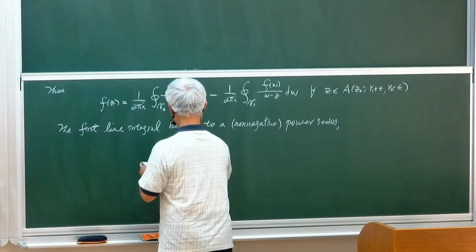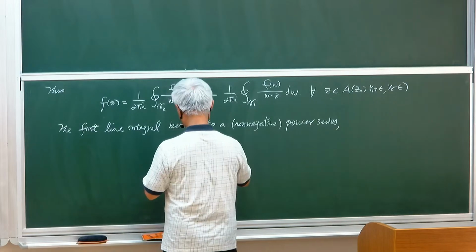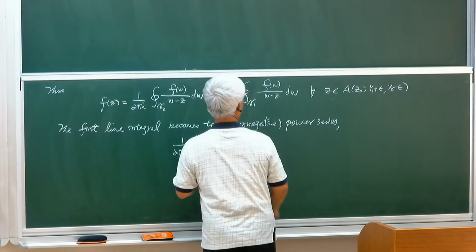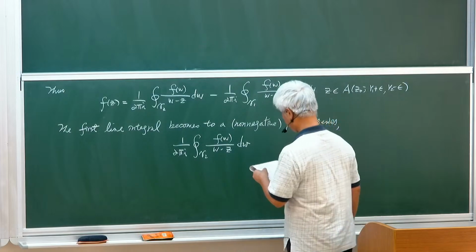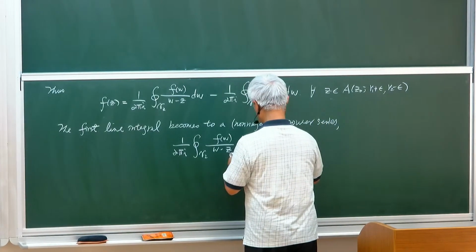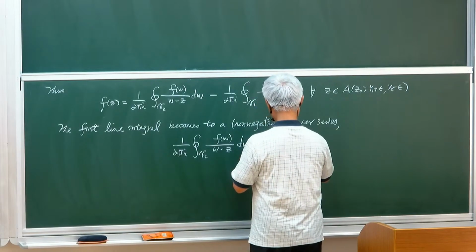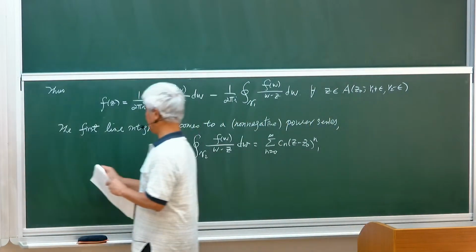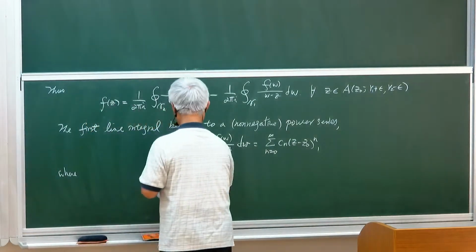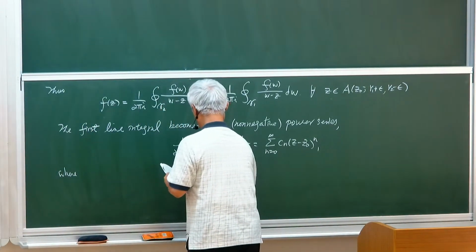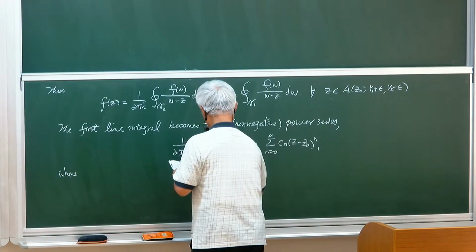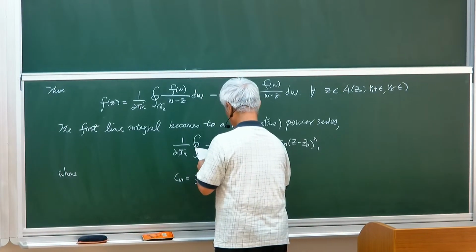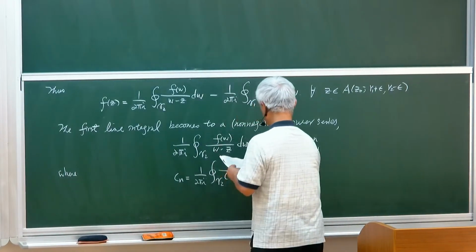So 1 over 2 pi i integral over gamma 2 of f of w over w minus z dw is equal to the sum from n equals 0 to infinity of c_n times (z minus z0) to the n-th power, where we know the c_n can be computed: c_n is 1 over 2 pi i integral over gamma 2 of f of w over (w minus z0) to the n plus 1 power dw.